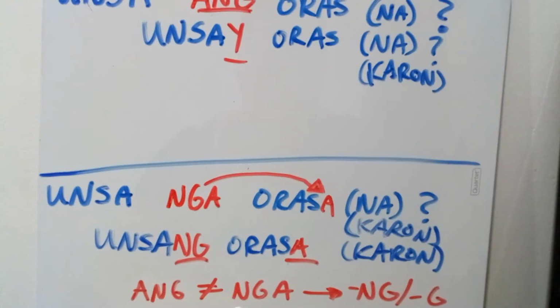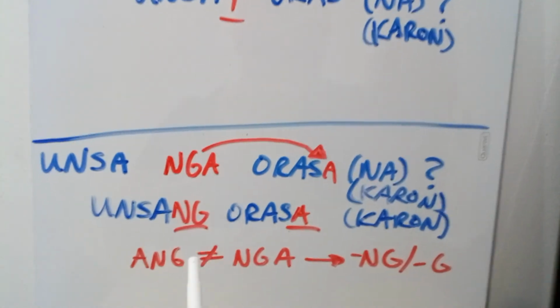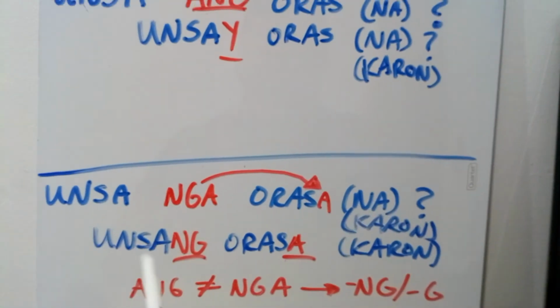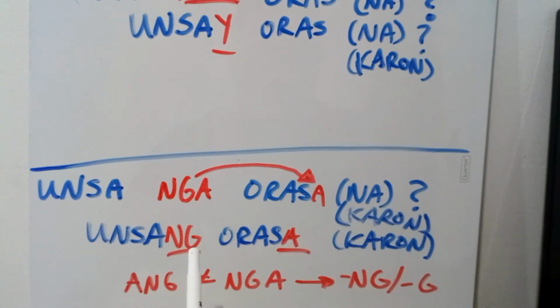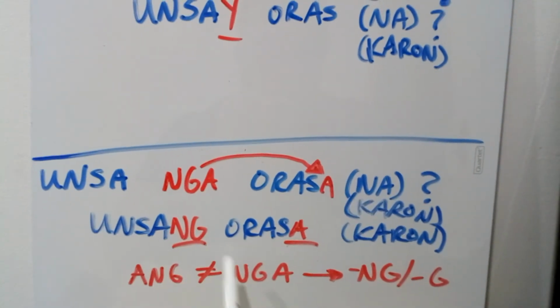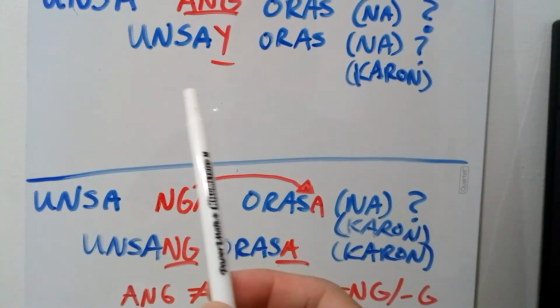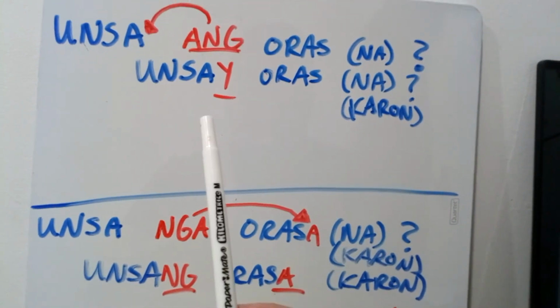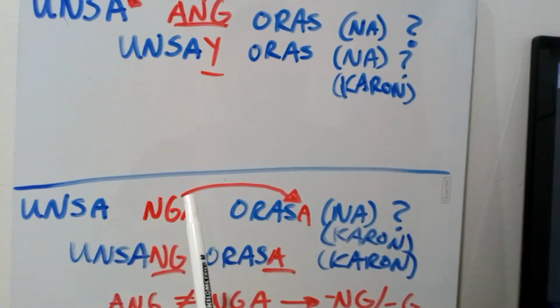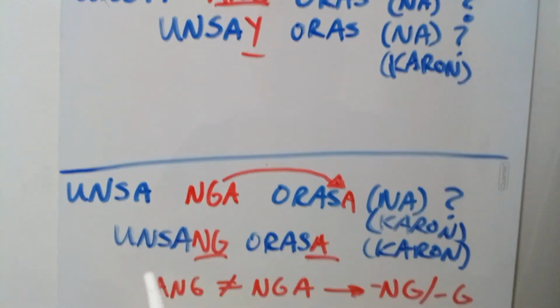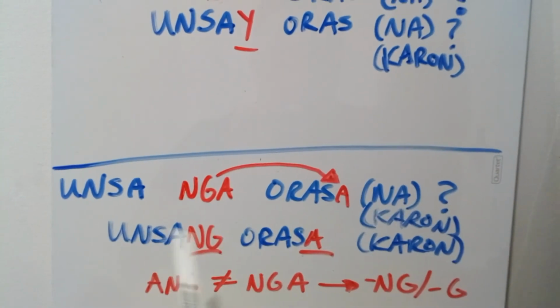People think that unsa ang gets contracted into unsang, which is wrong. Unsang is unsa nga, not unsa ang, because unsa ang is unsay, as we showed up here. You should already know that unsa ang is unsay, unsa nga is unsang.